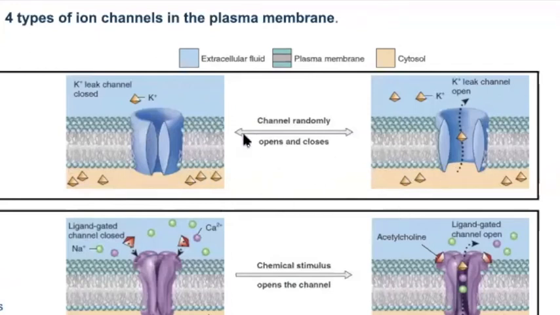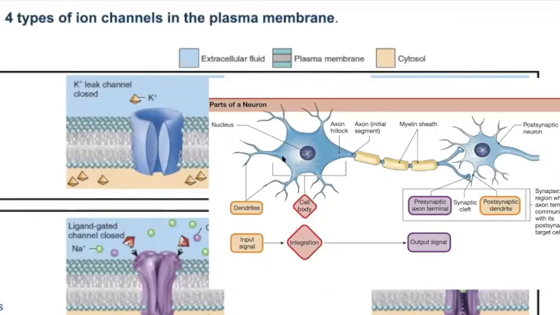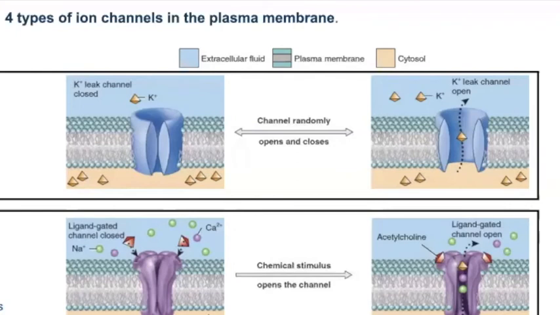Your book describes them as randomly opening and closing, just based on whatever, but really there's a little bit of voltage dependence to them. Don't worry about it. They're just leak channels that open and close, and potassium will flow in or out based on its electrochemical gradient. They'll be all over the cell: dendrites, cell bodies, axons, all types of neurons.